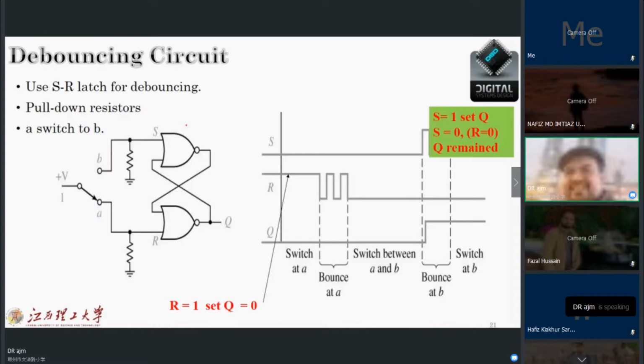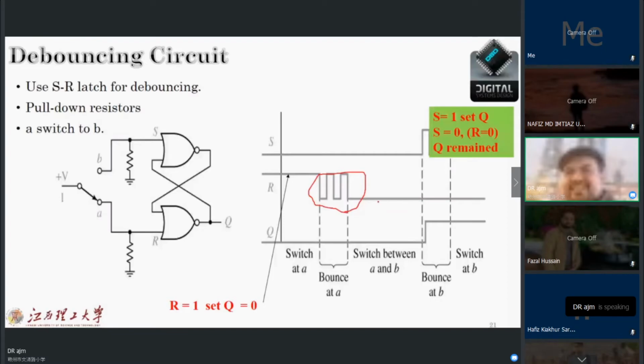To avoid this situation, which we call the bouncing part, we can have some circuits with the help of some resistor, as you will see here. Based on this situation, which I show here, this is the debouncing up and down. We can remove the noise from our circuit's performance. Remember this, then we will also discuss it further.